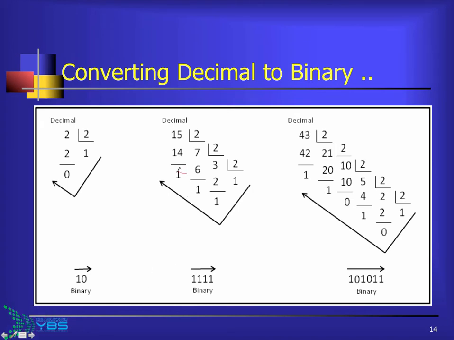Okay, this one is the first remainder. This one goes straight to that part. Okay, and this number, the second one, 7 divided by 2, and the remainder is 1. This one goes to that part, and this one goes to that part, and the leftmost, when everything is finished, this one comes to the left.